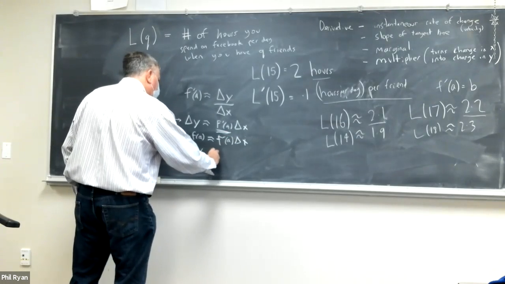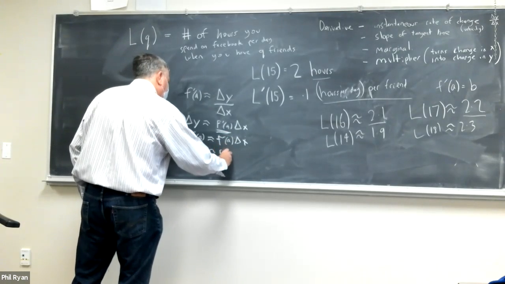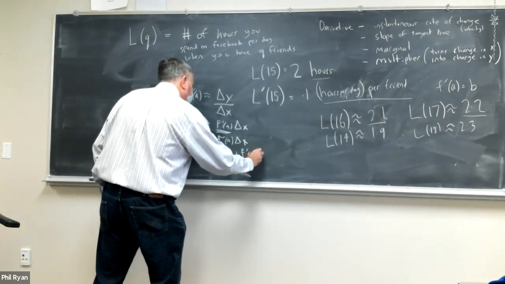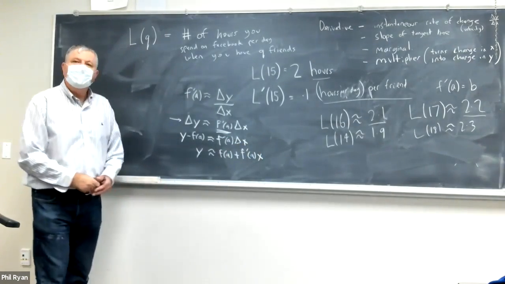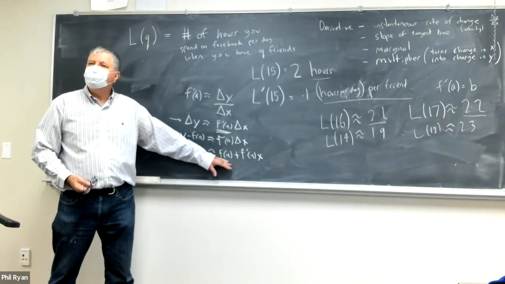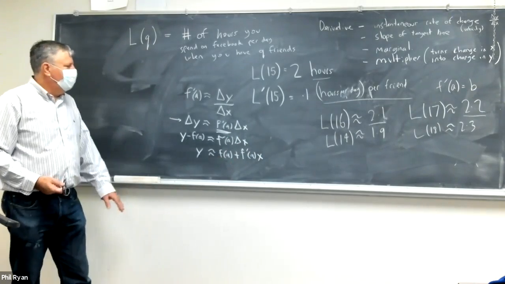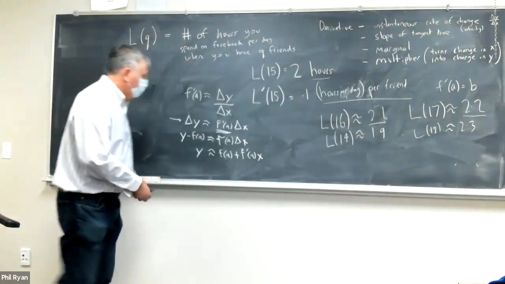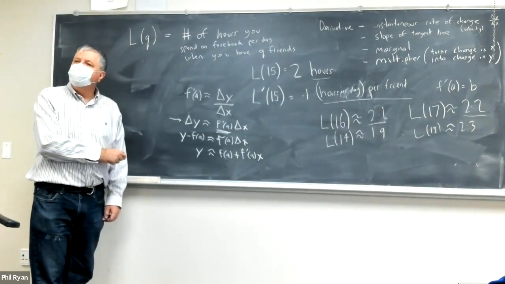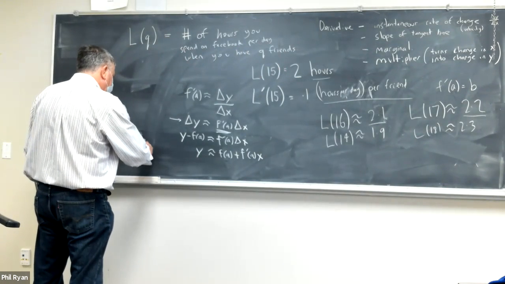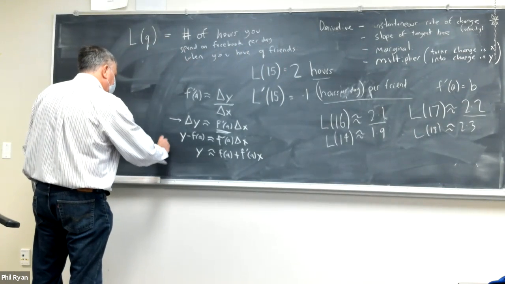So that tells us that y is approximately f of a plus f prime of a times x minus a. That's exactly the slope-intercept form. And this is exactly what I did over here. So this is a way of making approximations. So this is a way to make linear approximations.